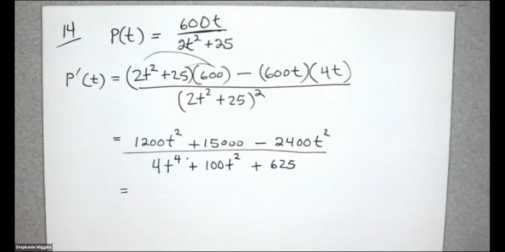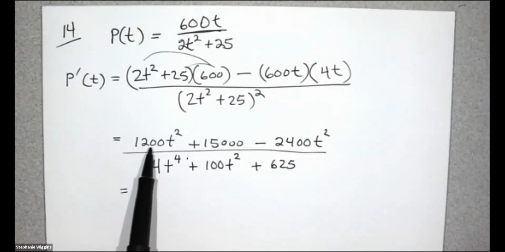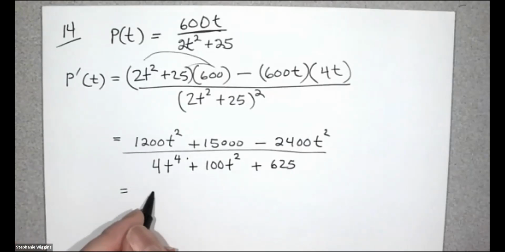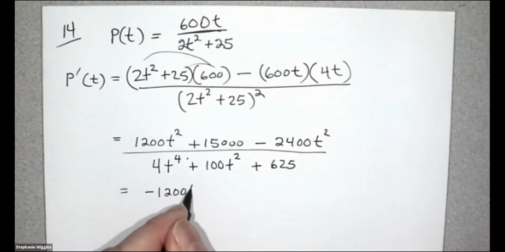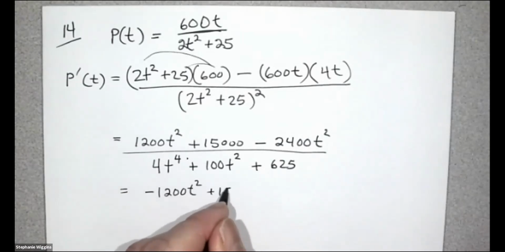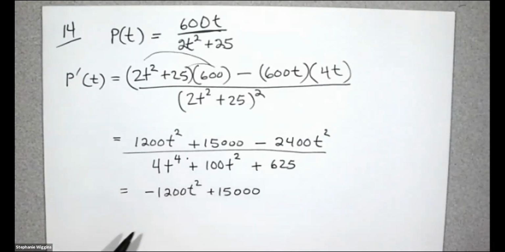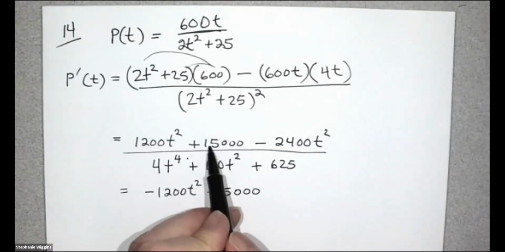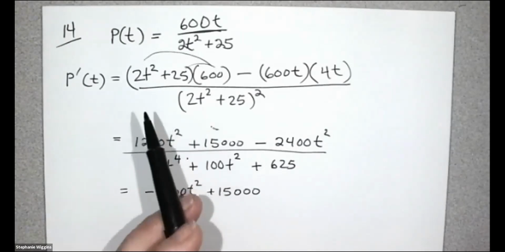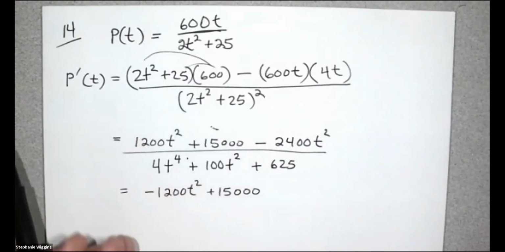And simplify that. This is going to be negative 1200 t squared plus 15. By the way, let me think, did I do that right? Yeah, that's right.